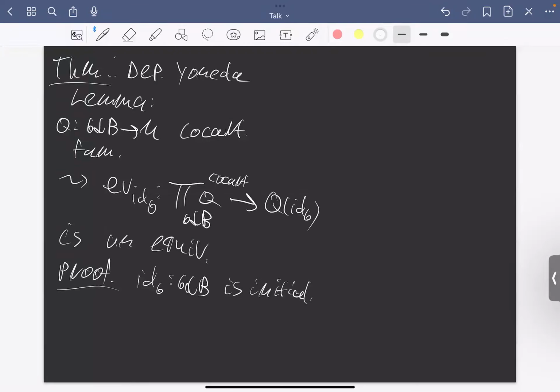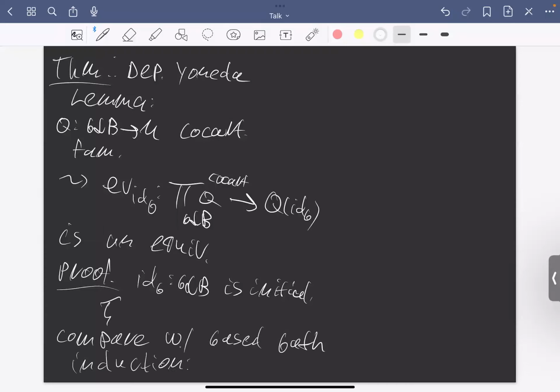And if you compare this with path induction, or based path induction in that case, then you can see it really generalizes in a strict sense, because we're in a Rezk complete setting.